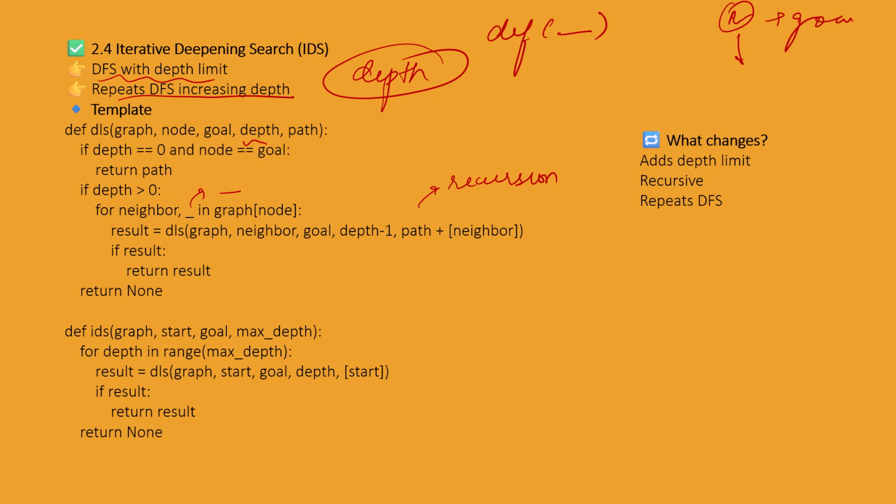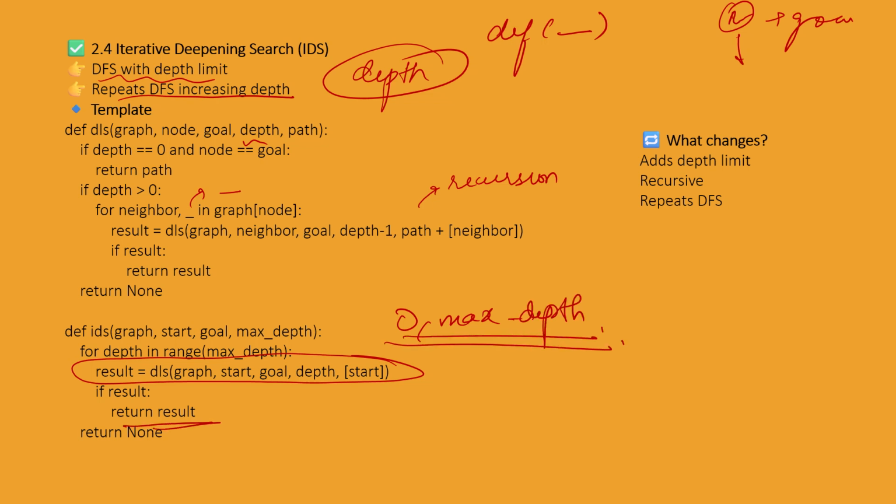Then in the IDS function, this is your main function, you can use recursion till the maximum depth, 0 to max_depth, and you return the result if there is a result. What changes? You add the depth limit, it is recursive and it repeats DFS.